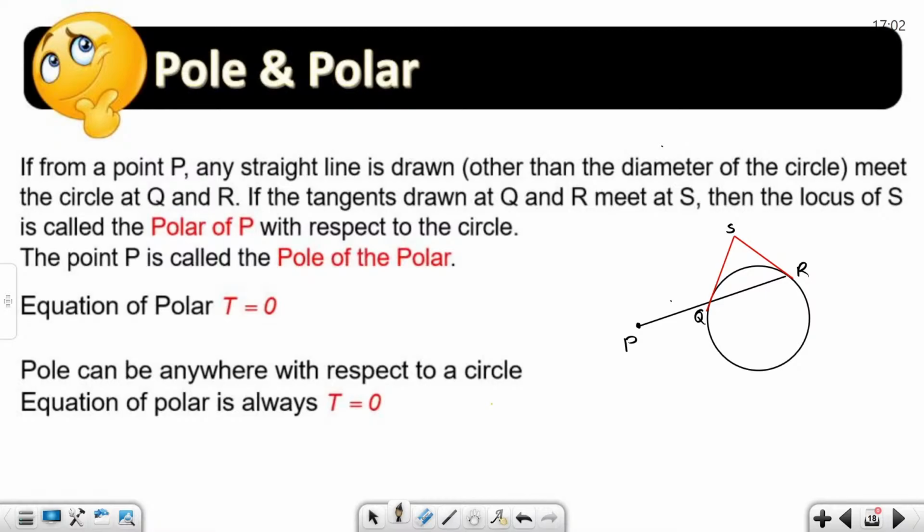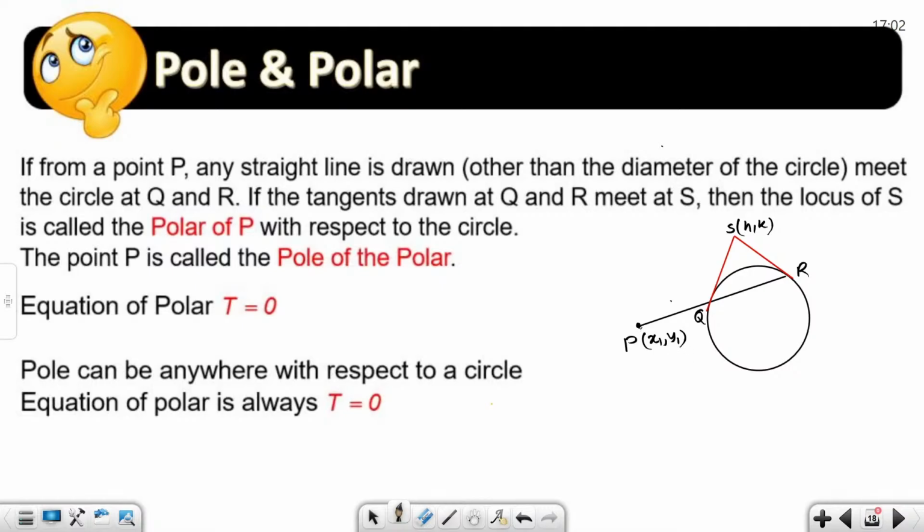The question is, we have to find the locus of the point S. Forget about pole and polar. Only think in this way: a point P is given to you which is outside the circle, with coordinates x1, y1.